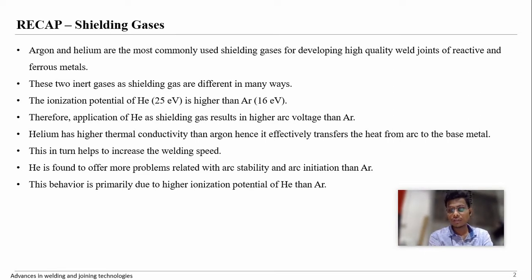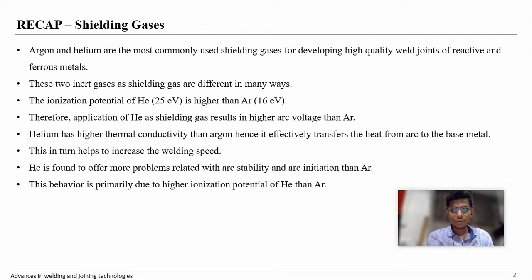But if it is in an aerospace application, or I'm using it in the ship industry or something like that, then the shielding gas is very important. Now, argon and helium are the most commonly used shielding gases in the TIG welding process for developing high quality welds of reactive, non-reactive and ferrous metals.